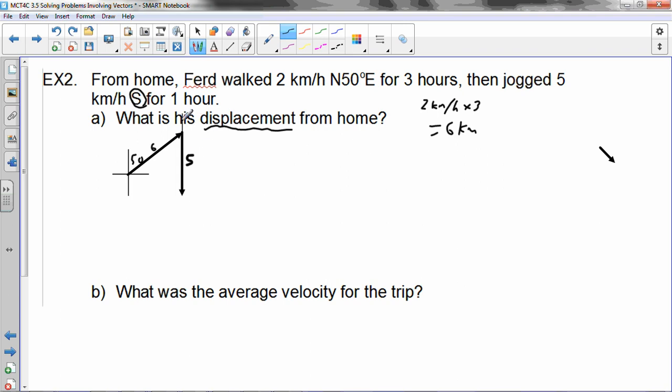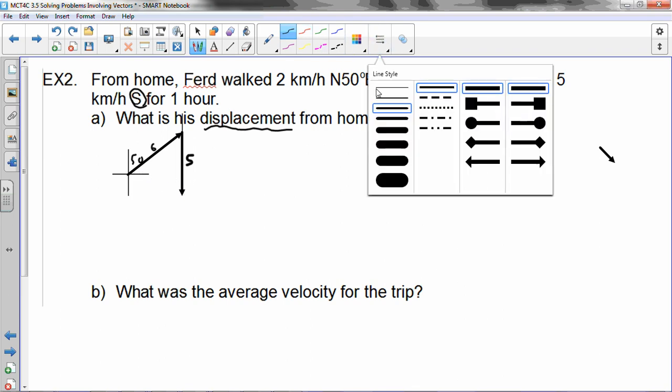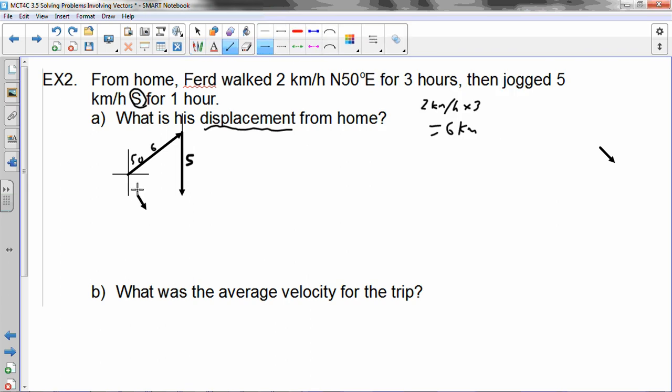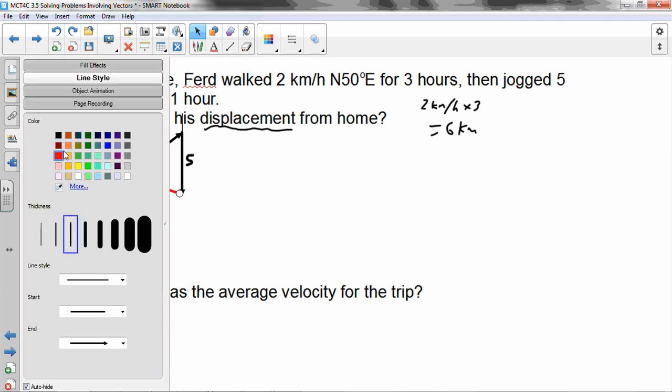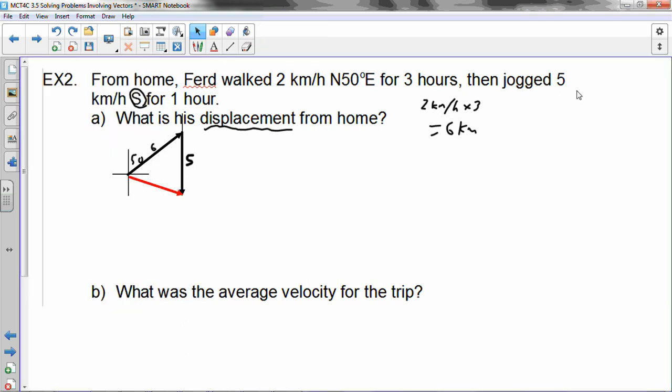And then his displacement from home is, overall, this is the direction he's moved in. So I'm going to put that in there. Oops. I got little tiny arrows all over the place. Let me get rid of them. And I'm going to make this a different color just so it stands out for me. And that is the displacement vector.